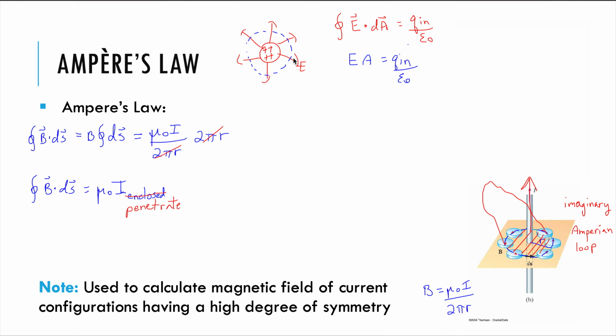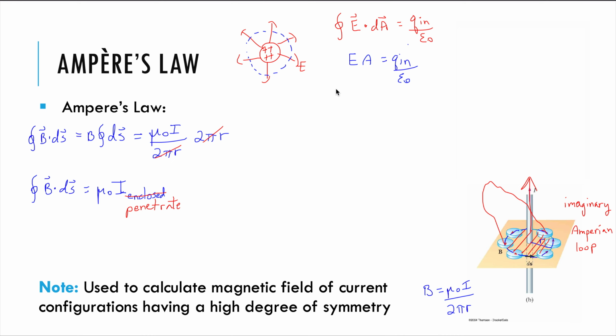Hopefully, looking at this helps you understand Ampere's law a little bit better. If we take advantage of the symmetry and choose our Amperian loop carefully, then the integral simplifies and we're able to solve for B, just like we were able to solve for E.